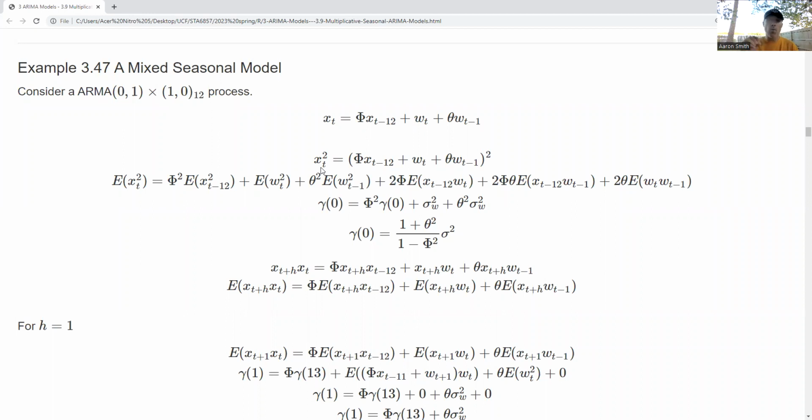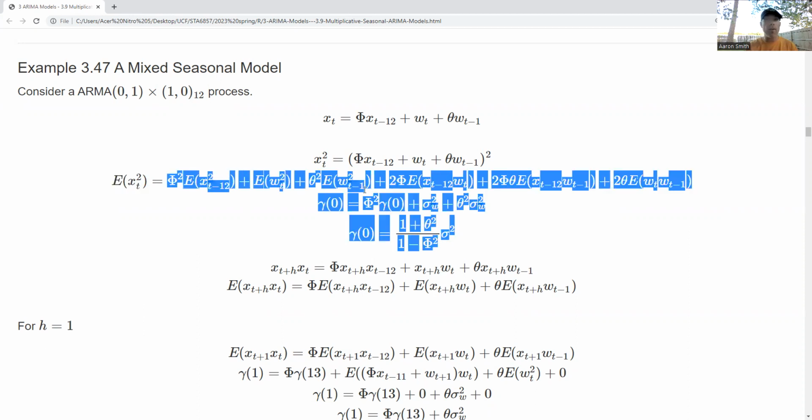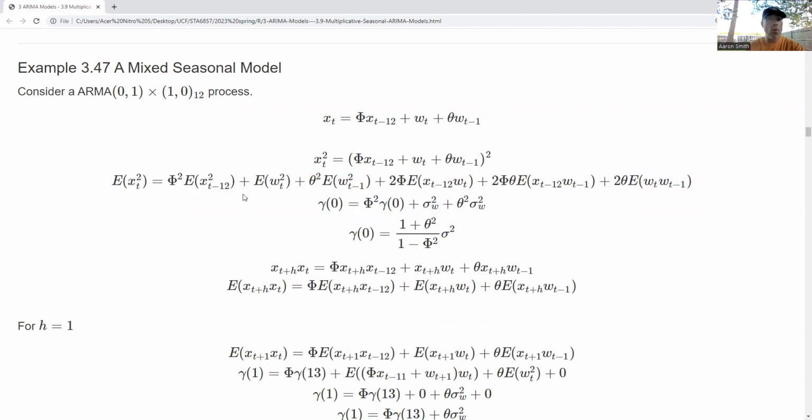So without loss of generality, for this moment, we assume that my process has a population mean of 0. All right, well, I can square both sides. When I square the left-hand side, this is going to end up being the variance. And all of this stuff over here, I can use to compute what I want. When I look through here, I know that under the constant variance assumption, this has to be equal to this.